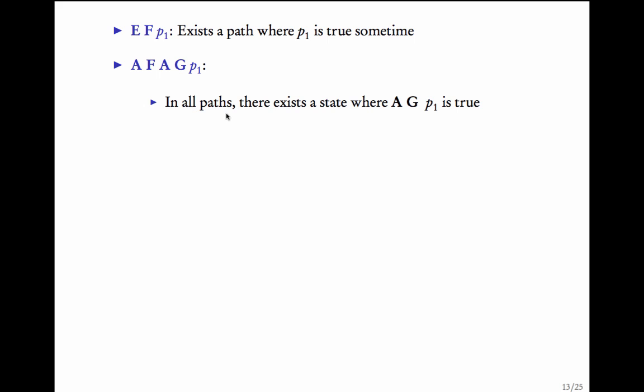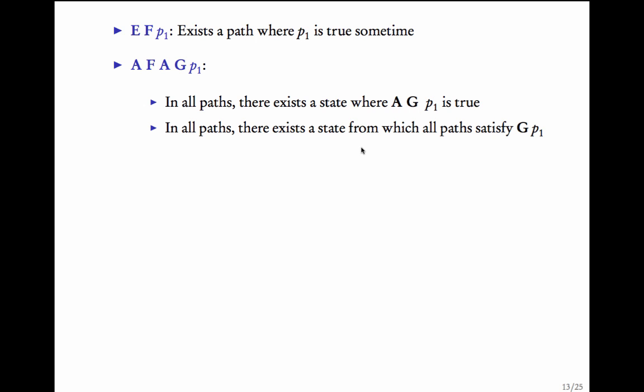In all paths starting from the root, there exists a state where AG P1 is true. In all paths, there exists a state from which all paths satisfy G P1. Right? That is the meaning of AG P1.